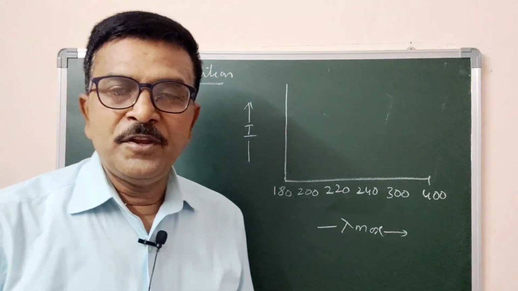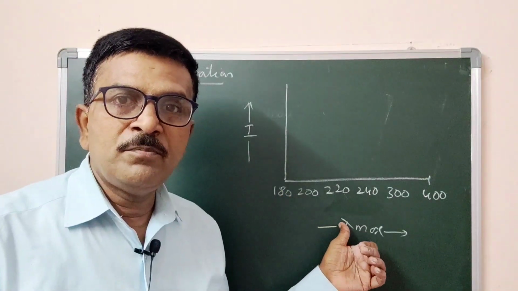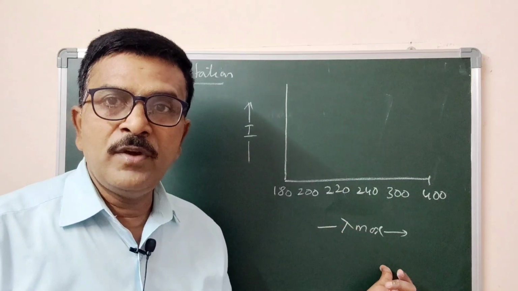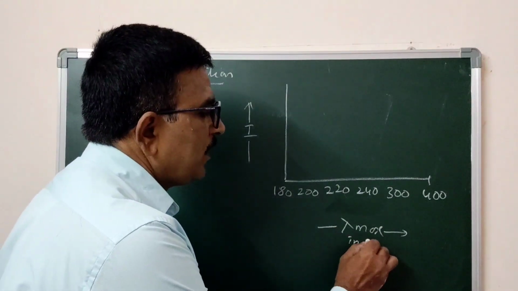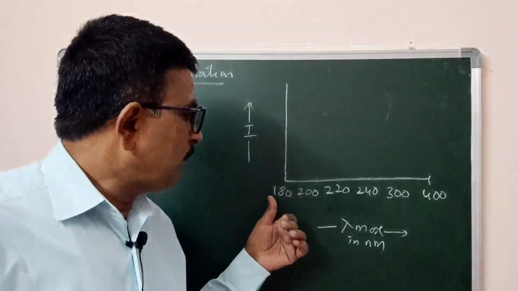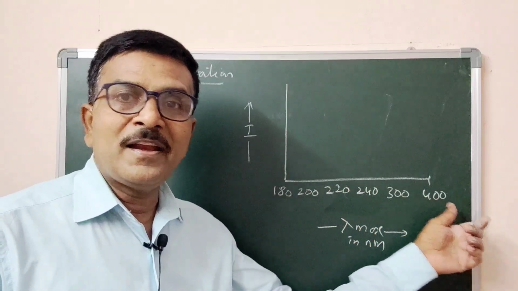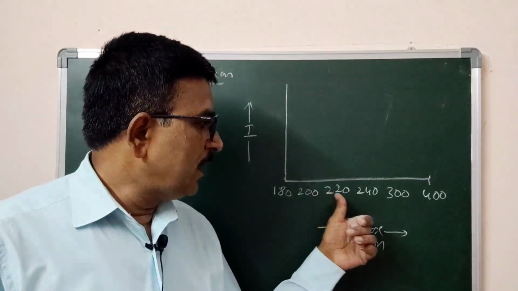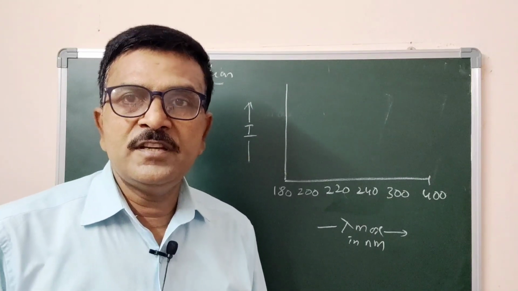So the UV spectrum is presented by drawing the frequency of absorption on the x scale in wavelength in nanometer, starting from lower wavelength to higher wavelength from left to right, say 180, 200, 220, 240, 300 up to 400. Is it clear?